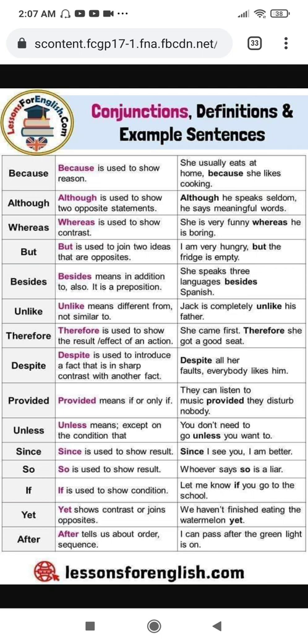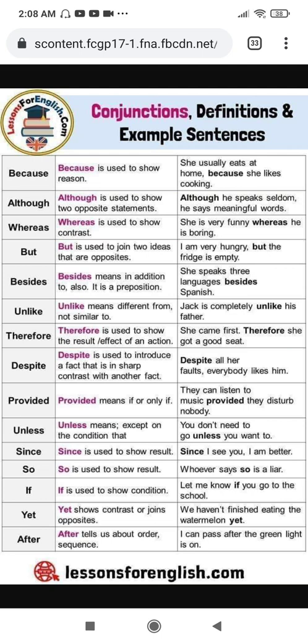That means I will help you if you give me what I need. This is the use of provided. Provided and if, these are synonymous. So, hope you have got the inner meaning of provided and if.